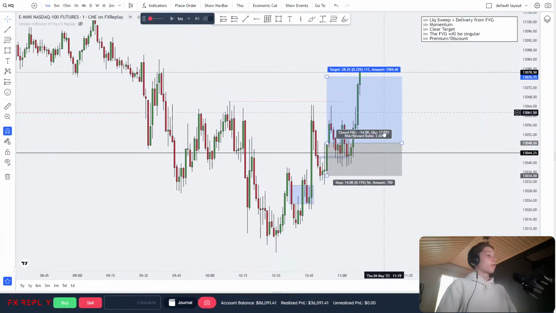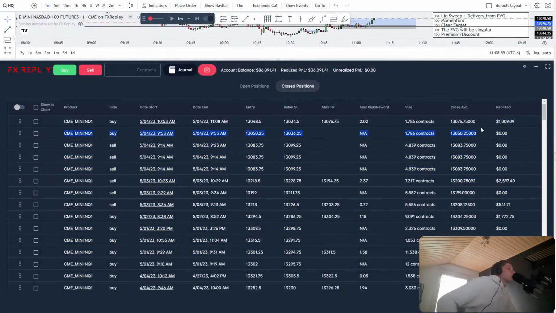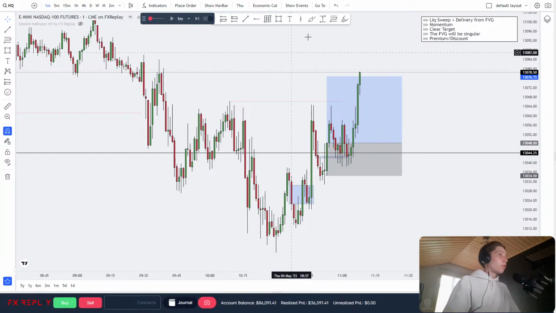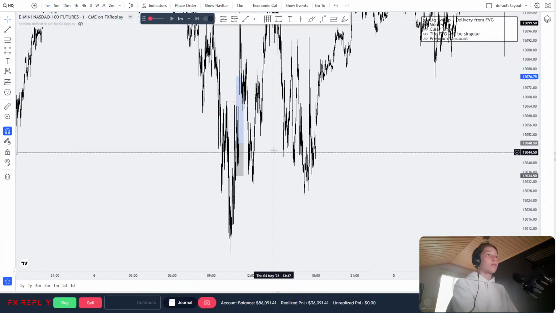And it hits our 2R, meaning that we are 1% up, 2% up for the day. We were still able to take our slice away from the market, so let's move to the next day.